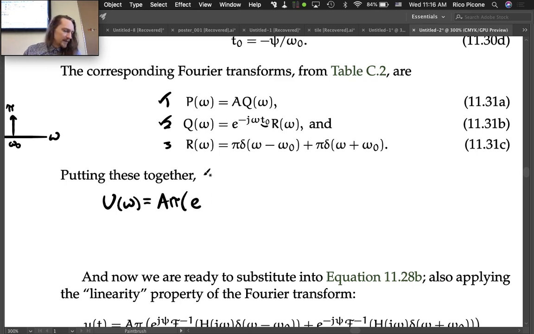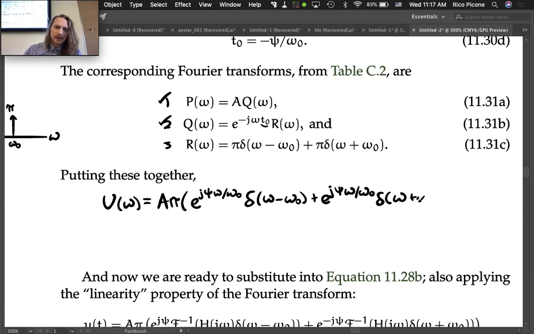It's e to the, this is a big exponent, j psi omega over omega naught, and then out of the exponent now, delta, the Dirac delta function again, omega minus omega naught, plus e to the j psi omega over omega naught, delta of omega plus omega naught.